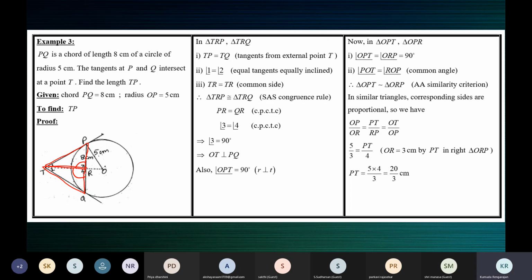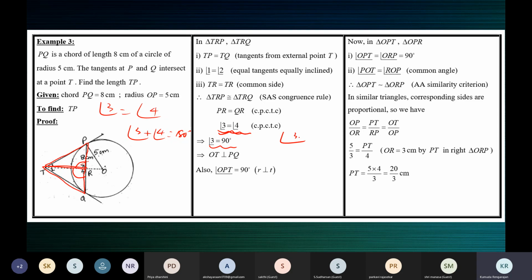If angle 3 is equal to angle 4, and you know that angle 3 plus 4 is equal to 180, but they're equal, that means 3 is 90. Angle 3 is equal to angle 4. That means 3 should be 90 degrees.